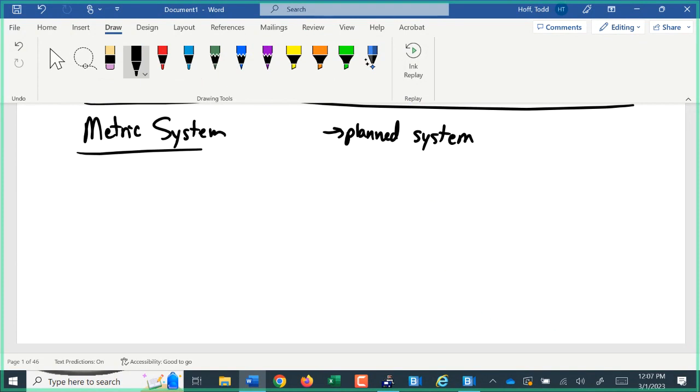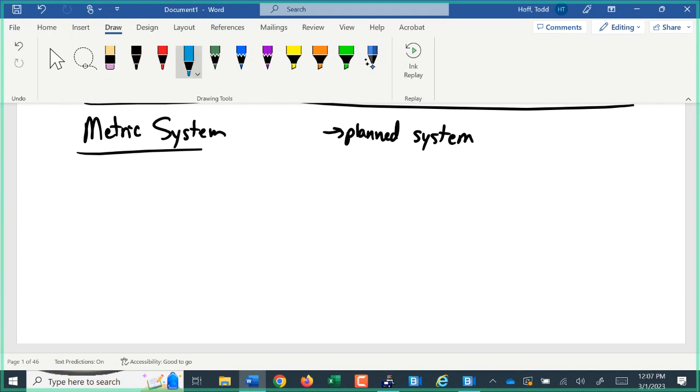The metric system was planned. Like we said, we had used standard measurement for hundreds of years. We knew what worked well and we knew what did not. So they kept the things that worked well and they changed the things that did not work well. The biggest thing that did not work well was all these different units for each type of measurement.